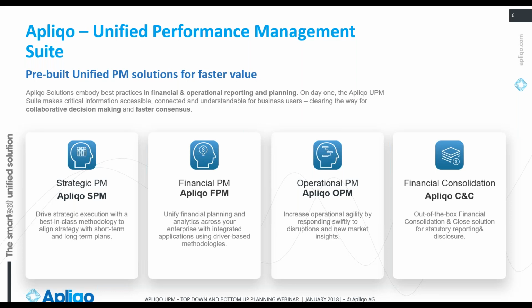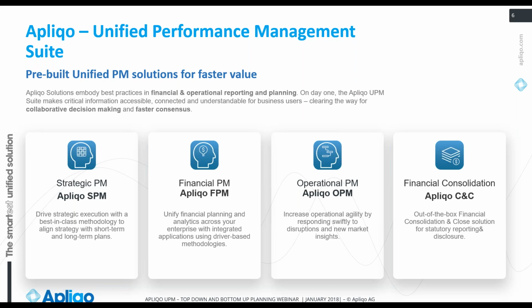It means the full stack of a reporting and planning cycle in an organization. There is a strategic performance management application to define strategic targets and strategic activities. There is a financial performance management application which covers the whole financial core model, being P&L, balance sheet, and cash flow statement.